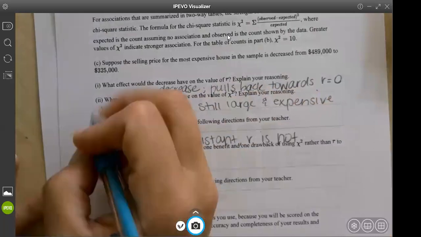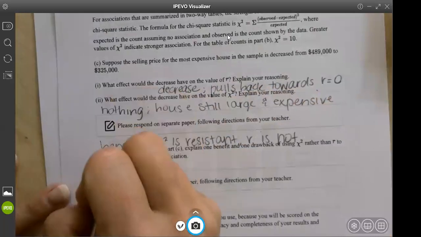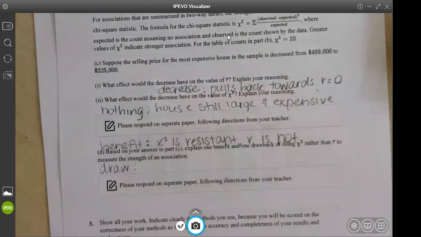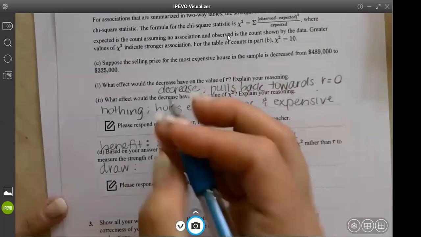What's the drawback? What does it not use? What did we just talk about? So chi-squared doesn't use value.